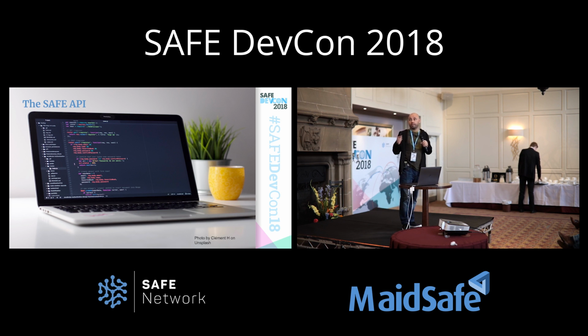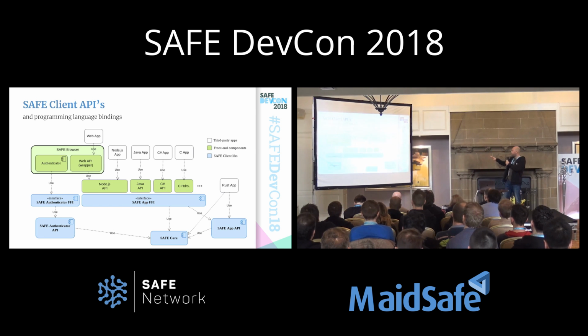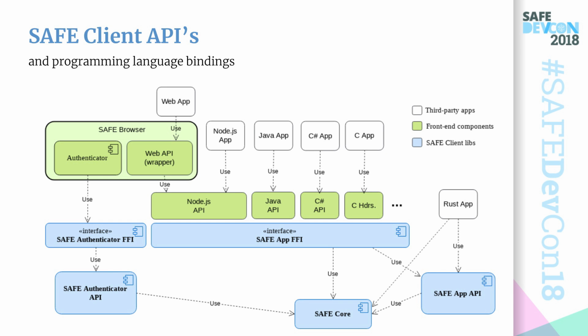So for the Safe API, I'm gonna try to just explain the main areas, just so you can understand what kind of things you can do with the API functions. Before that, just to give a context, I'm not gonna go into details, but just so you understand how all the different components fit together on the client side.